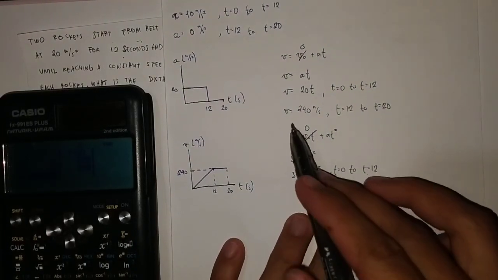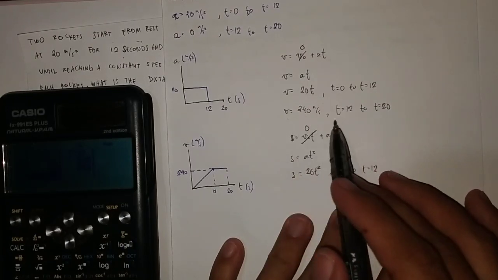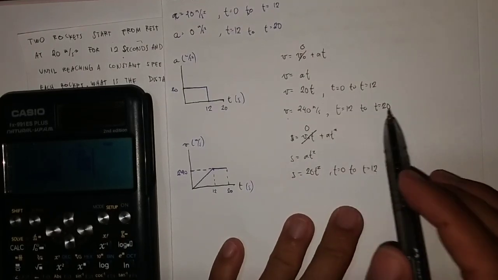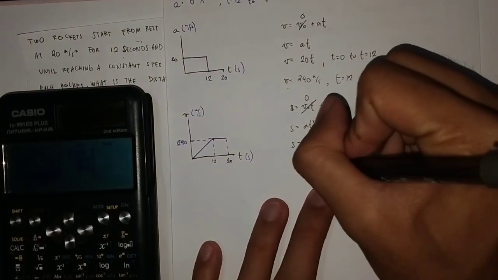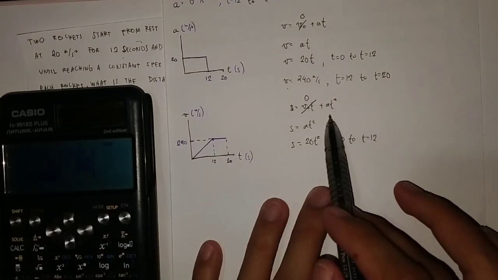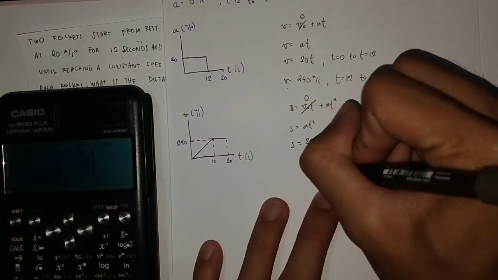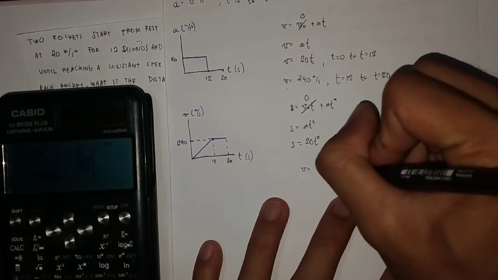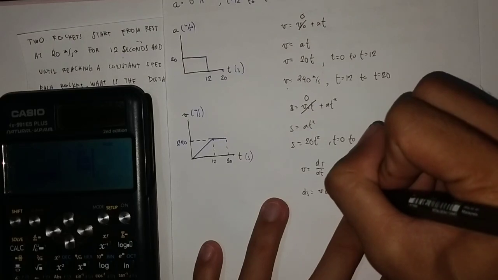And then to find the displacement from t equals 12 to t equals 20, since there is no acceleration in this, we cannot use the kinematic formula. So let us use the other formula, which is V equals ds over dt. We have ds equals V dt.